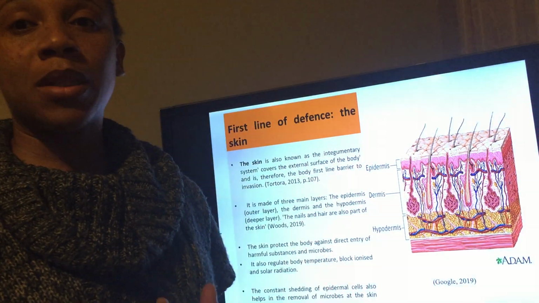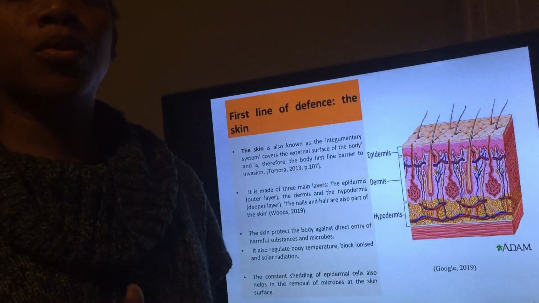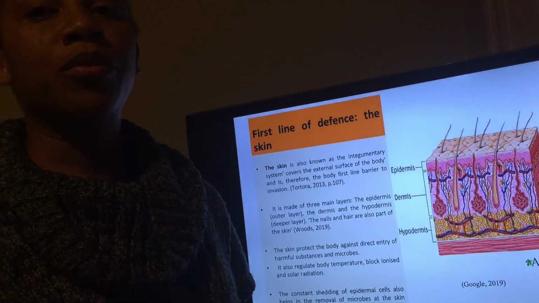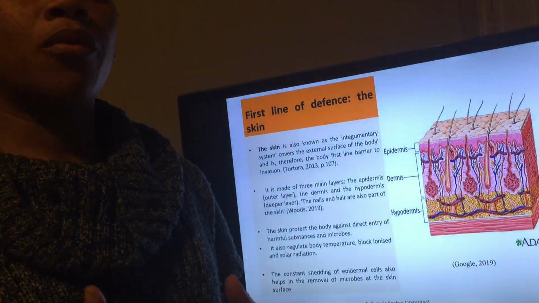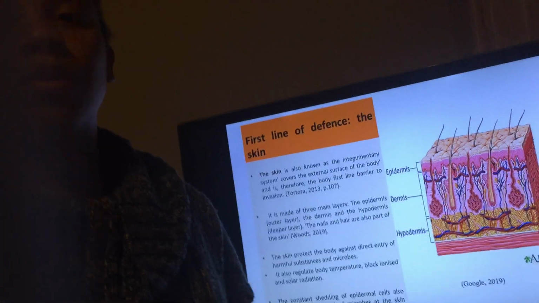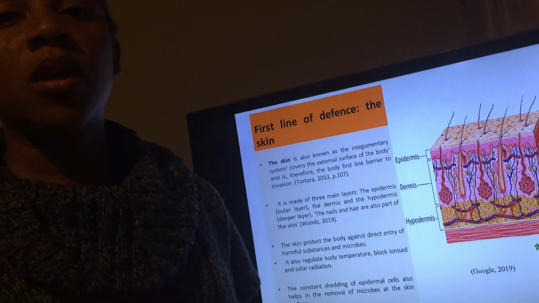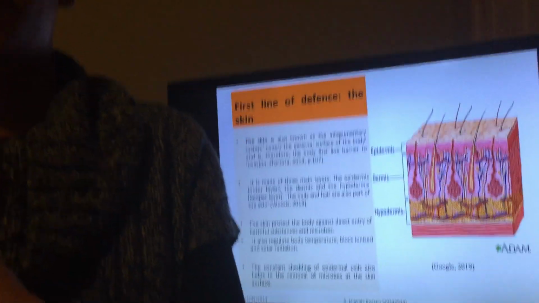It is a tough protective layer made of keratinized dead cells which are renewed on a regular basis, helping in the removal of microbes. The skin offers the body protection against direct entry of harmful substances and microbes, as well as blocking ionizing and solar radiations. It also helps in temperature regulation.